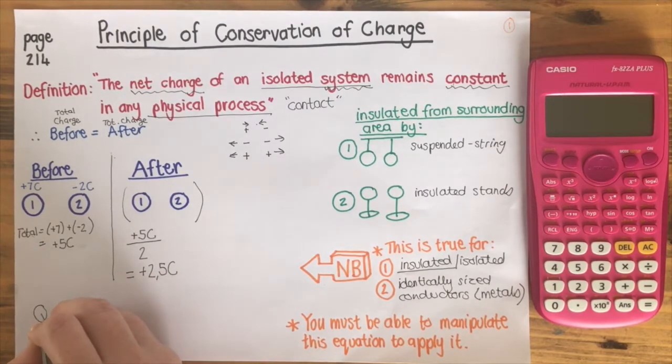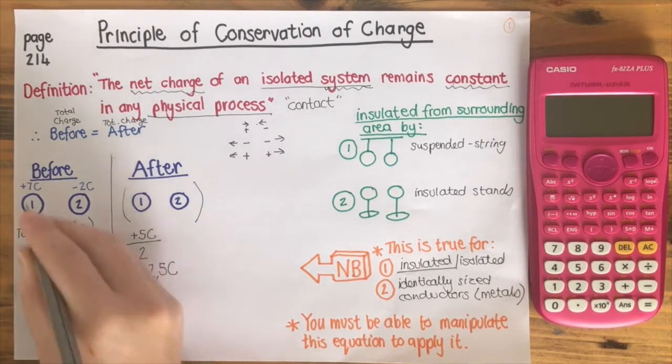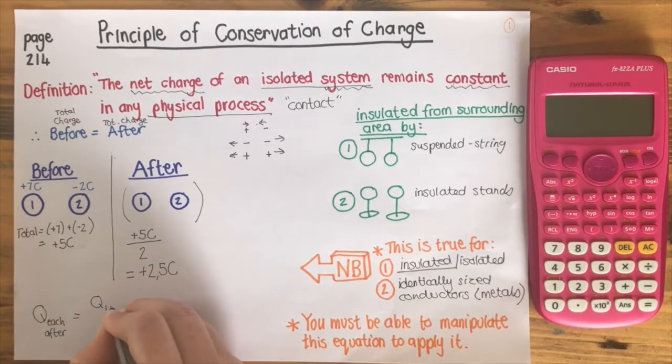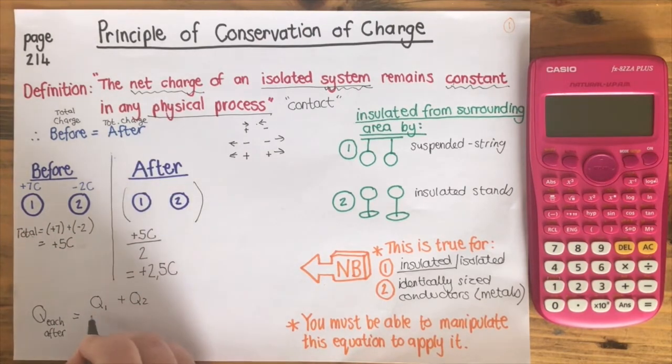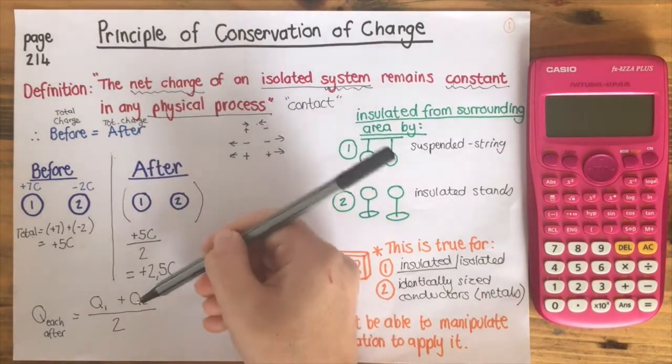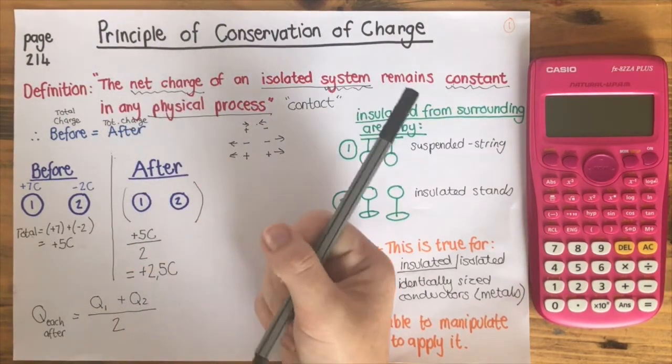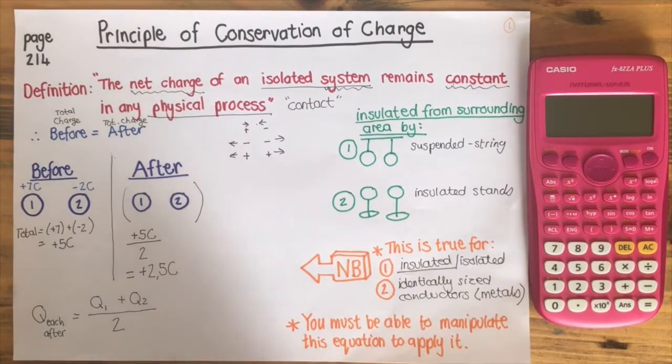The charge on each sphere after is equal to the total charge before divided by 2. Okay, so that is our formula. We could have easily said the total charge on each sphere after is equal to the charge of the first one added to the charge of the second one divided by 2, because there are 2 spheres. That would give us the exact same answer.